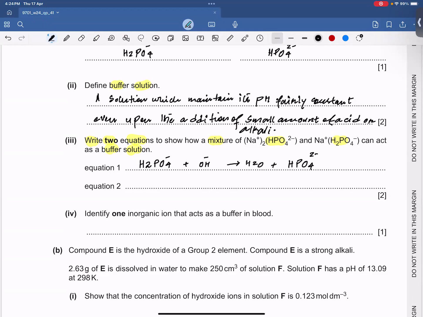Now HPO4 2 minus is basically the conjugate base. It will accept a hydrogen ion and will turn to an acid, H2PO4 negative. I think we have done such sort of equation in the class, all right?